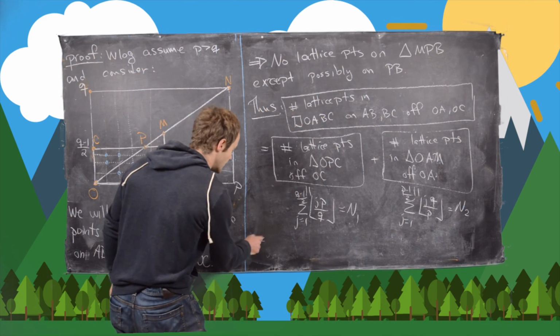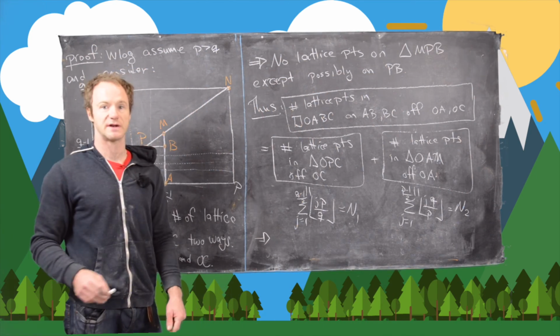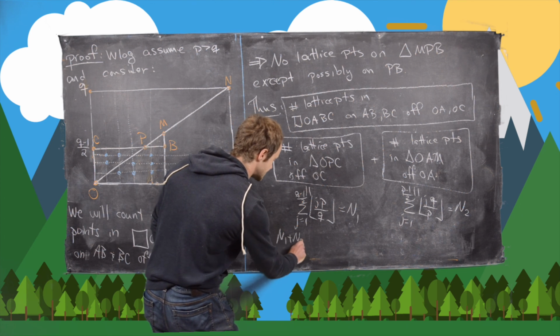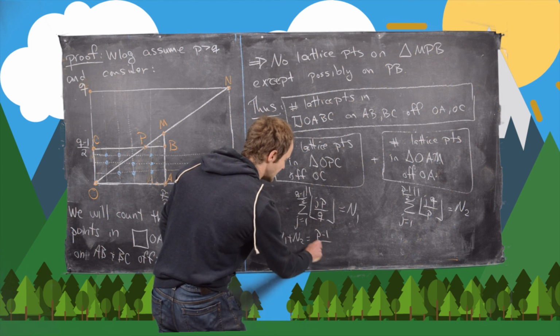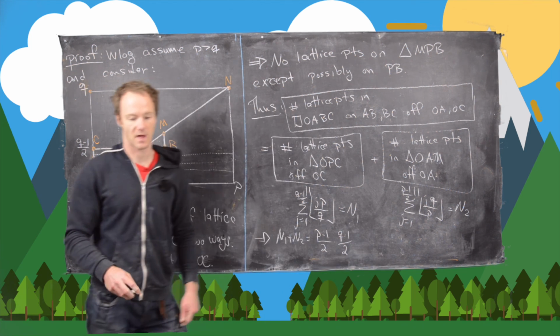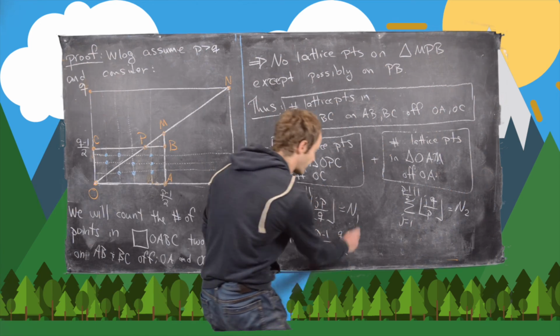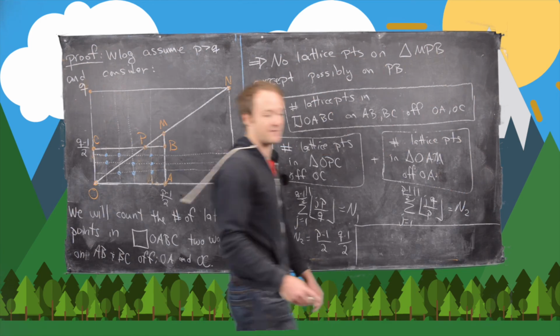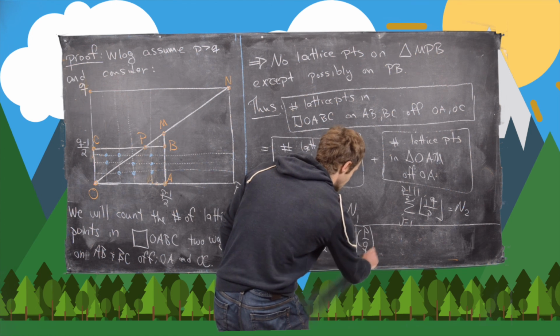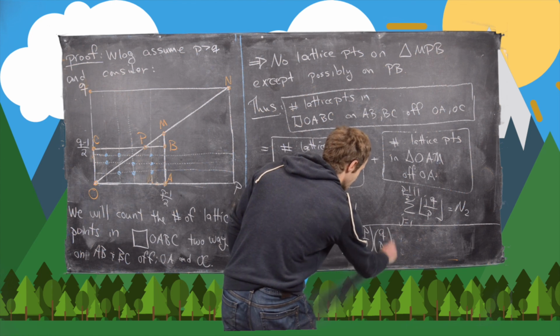And so now notice, by counting these lattice points two different ways, we've achieved the following. N1 plus N2 equals p minus 1 over 2 times q minus 1 over 2. Okay, good. And now, furthermore, we have the final blow, which is p over q times q over p.